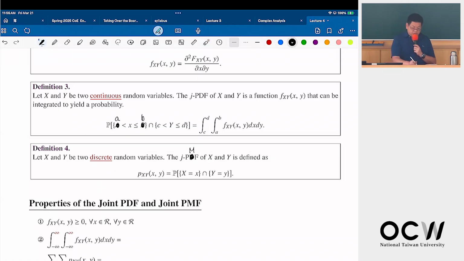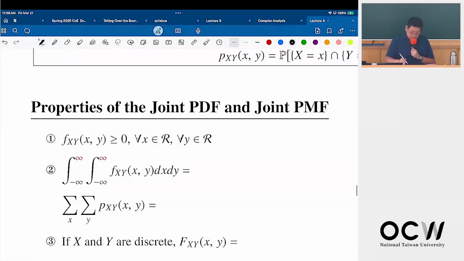Similar to the PDF with one random variable, this integration should be 1. I consider all the areas. For the discrete case, I sum all the probabilities together, and it should be 1.